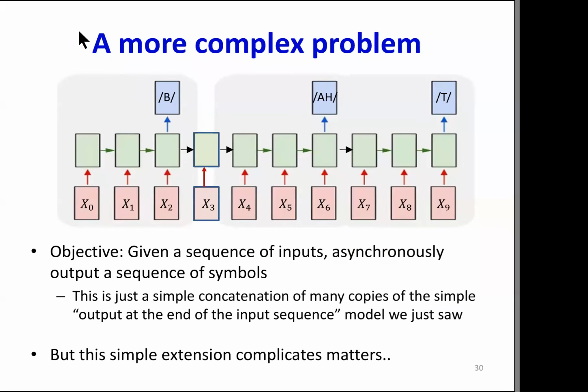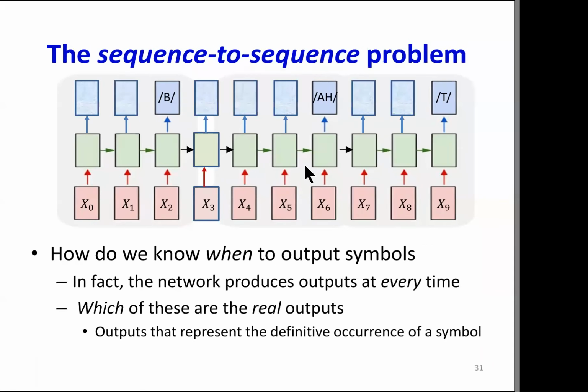As you can see, here I've got 3 different copies, but this simple extension by concatenation makes things extremely challenging. And where does the challenge come from? The challenge comes from the fact that you're going to be producing outputs at every time. You have no way of knowing which of these outputs to read, which of these are the real outputs. And therein lies a problem.